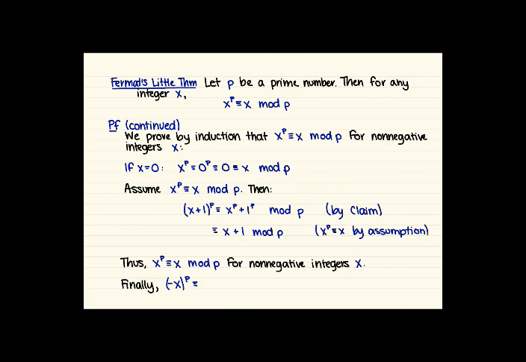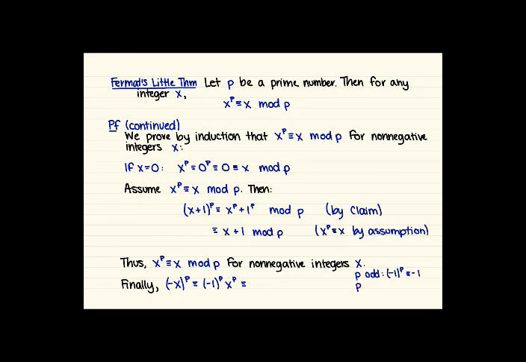So if we have this as true for some non-negative integer x, and then we look at minus x to the p, this is going to be minus 1 to the p times x to the p, which is going to be, if p is odd, then minus 1 to the p is minus 1.